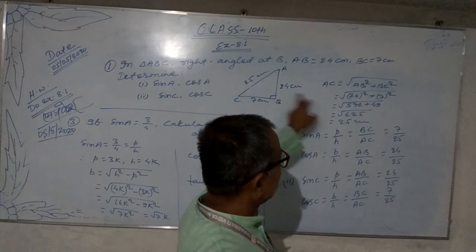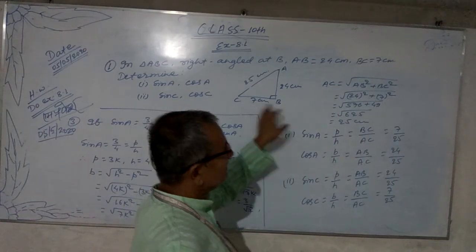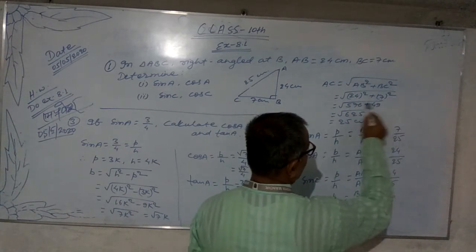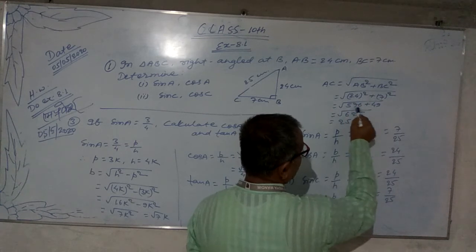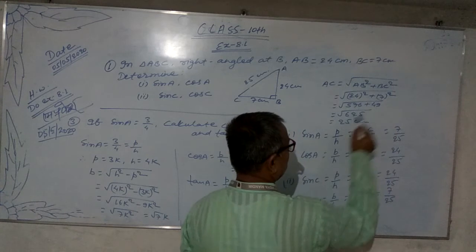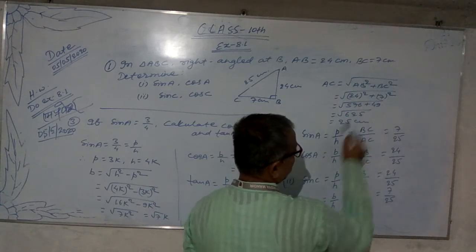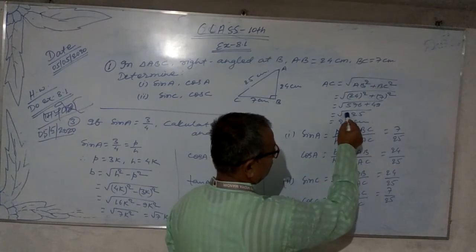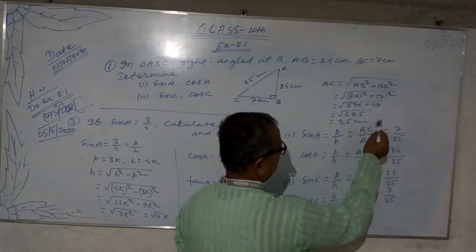AB is given 24 cm while BC is given 7 cm. 24 square plus 7 square, 24 square is 576, and 7 square is 49. When we add them, the result will be 625, and square root of 625 is 25 centimeter.